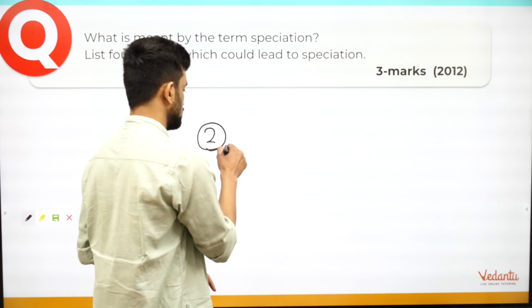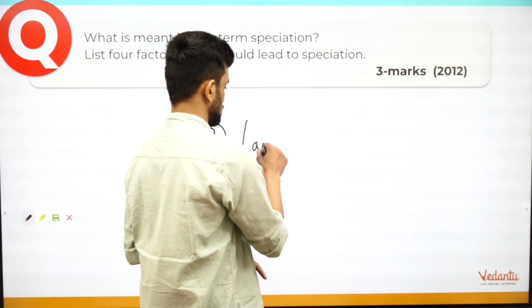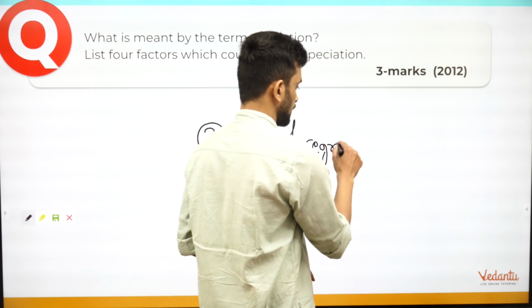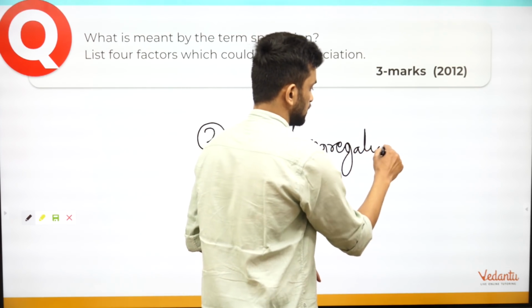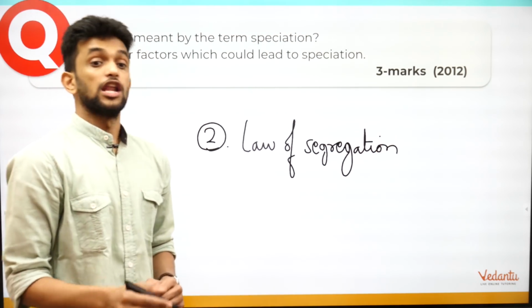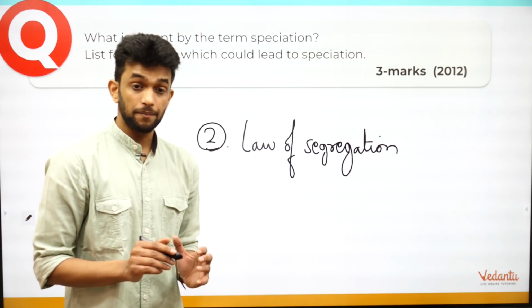Second law. Second law was law of segregation. Now in law of segregation, what happened?